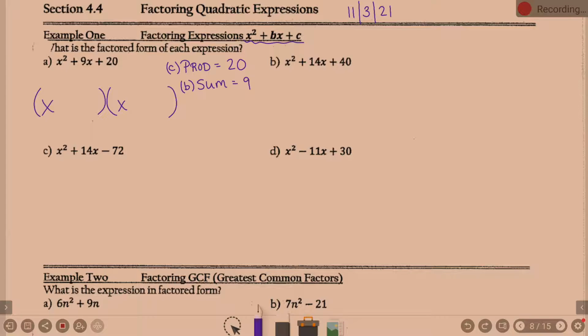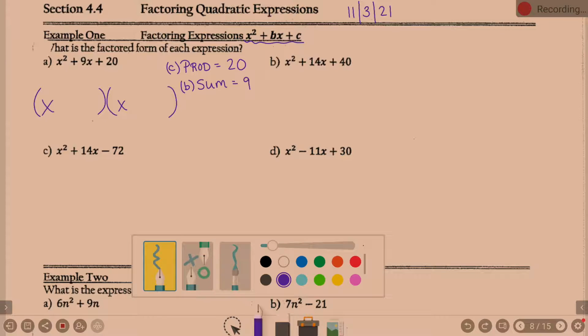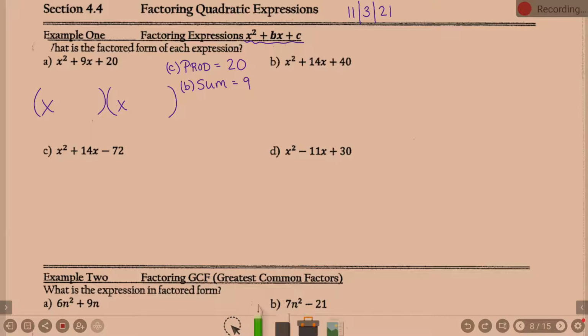If you're stressing about that, when I say two numbers that give me a product of 20, I really mean two numbers that multiply to be 20. And when I say two numbers that give me a sum of 9, they add to be 9. So feel free when I throw in the words product and sum to really say multiply and add.